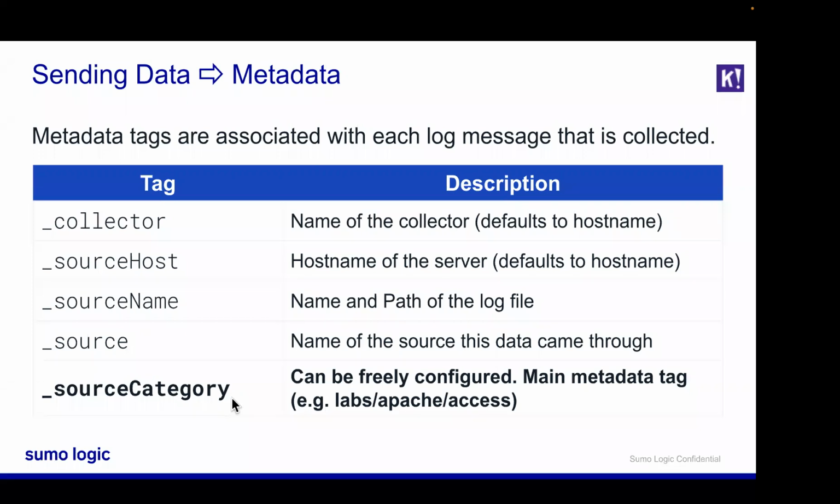So we could set underscore source category to Labs Apache Access or AWS Region East Apache Access or Production Apache Access. So again, we can freely configure it. That's the one you're going to see us use most often. That's our recommended metadata tag.